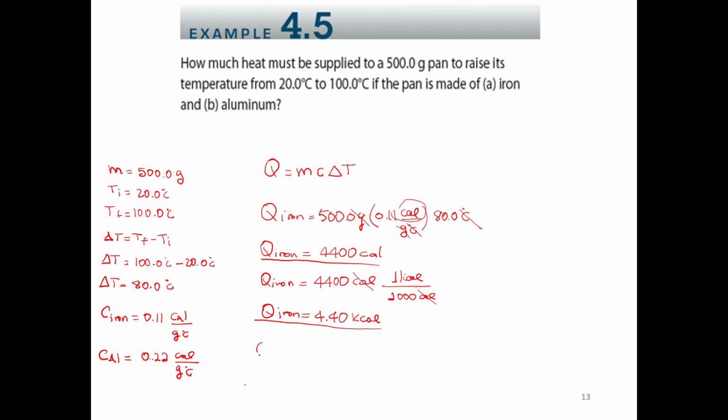And let's now calculate for aluminum. We had the same mass for the pan, but now we need to multiply by the specific heat of aluminum, and then by the change in temperature.